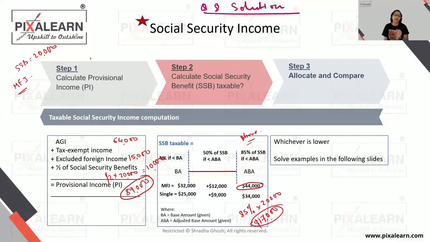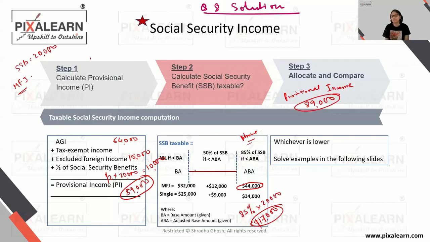Then we tell you, okay, it has to be the lower of the two figures. What is the lower of the two figures? I said, okay, look at this situation. If I would have actually followed this to the letter T, your provisional income was $89,000.